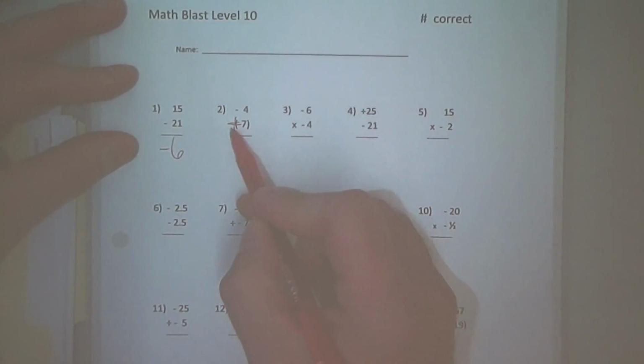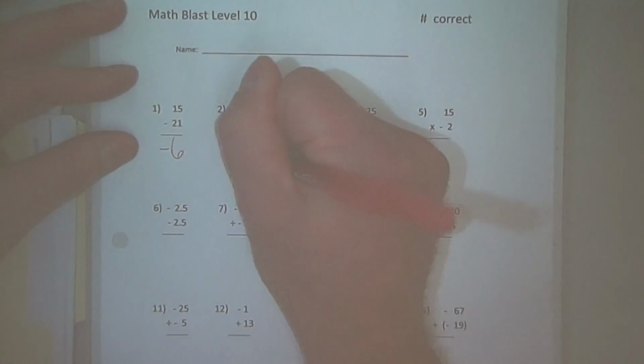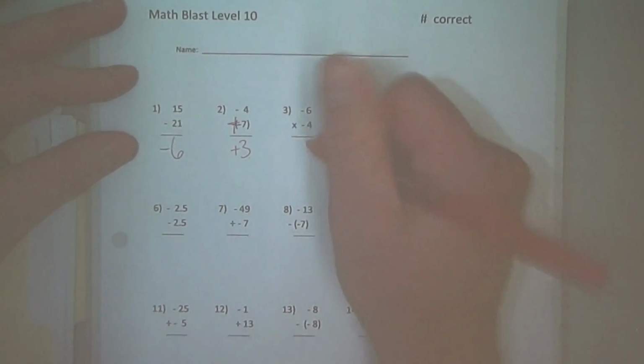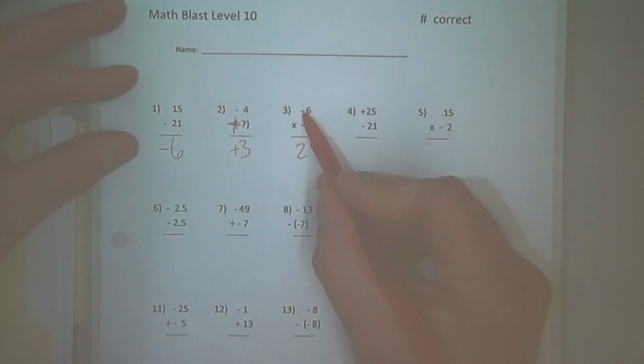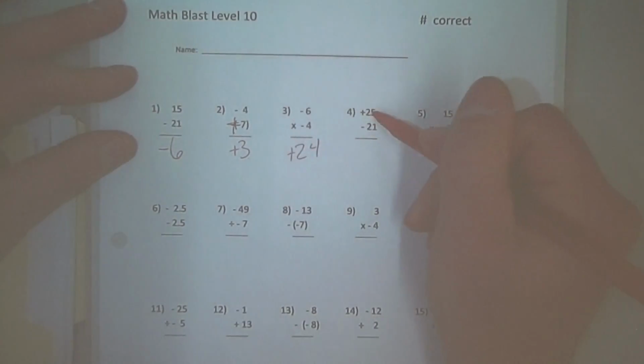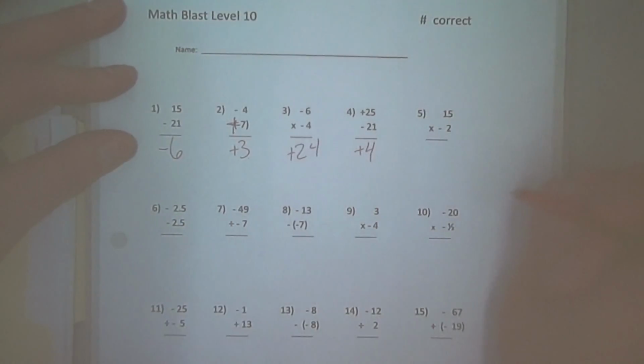A negative 4 and a positive 7, you end up with a positive 3. 6 times 4 is 24. Negative times a negative is a positive. Positive 29 minus 25 minus 21 is a positive 4. 15 times 2 is 30. Positive times a negative is a negative. You with me on that?